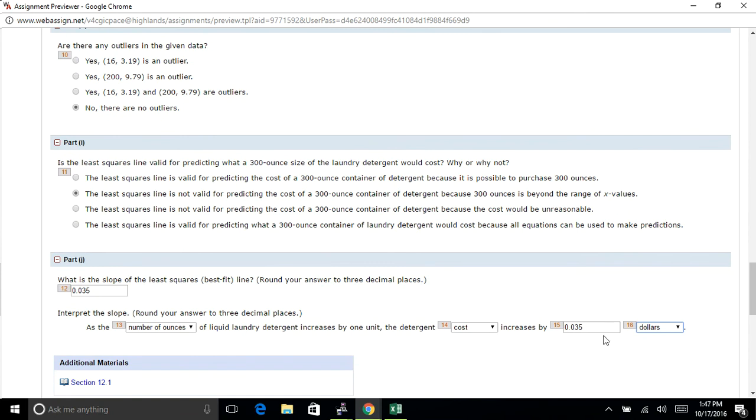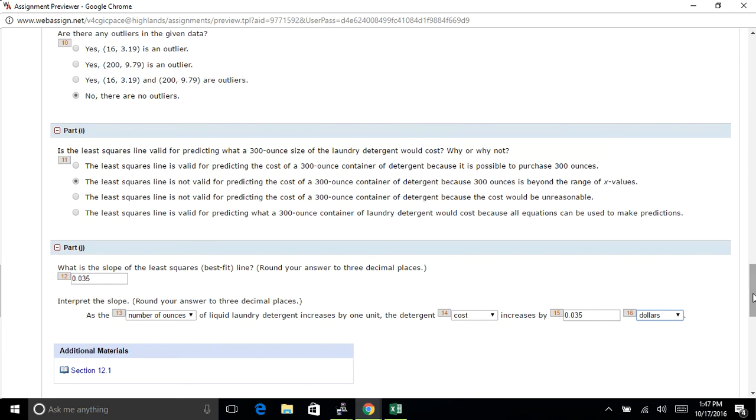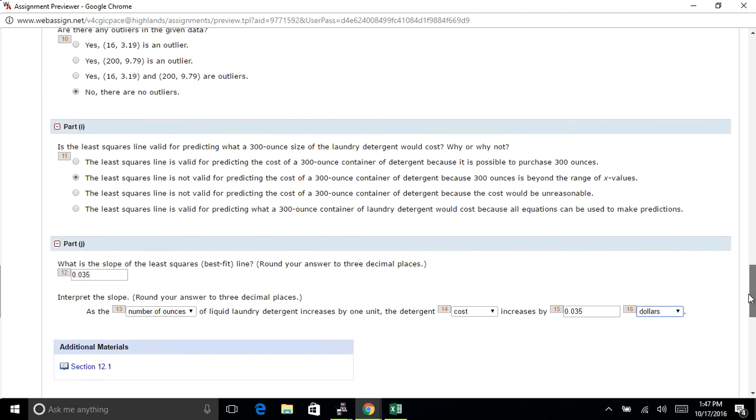Think of it in terms of dollars; we're not going to use cents because we don't want to confuse you. What was slope? Go back to algebra: it is the change in y over the change in x. So as your x increases by 1, your y increases by the slope. And that's how you do problem 2.